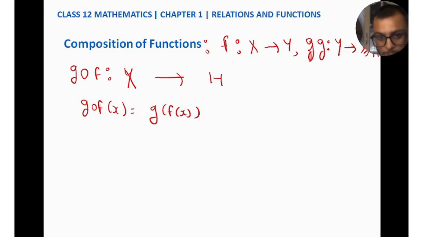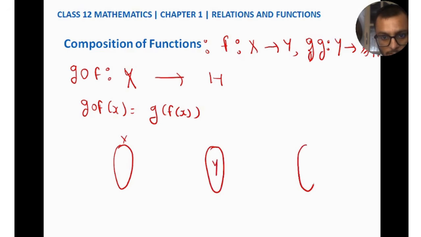What does this mean? Let me show you graphically. Suppose this is your X, and then this is your Y, and this is your H. So what is g of f of some random element x? I am taking this element x. You should first put it in the f function. You will find f of x.